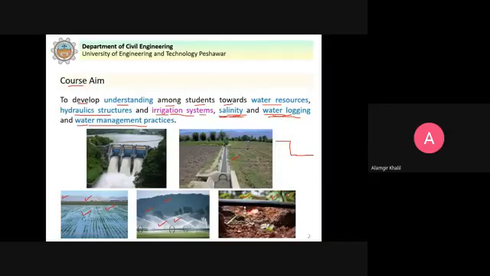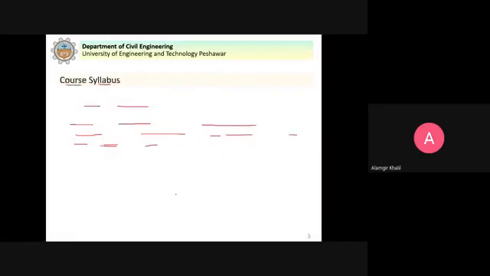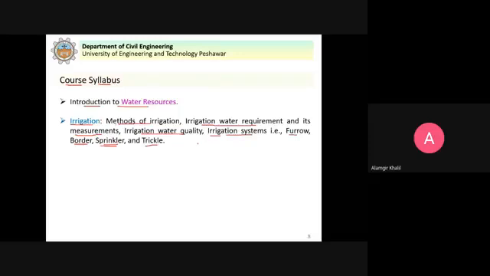But anyhow, because of the water crisis which is looming around the world, we need to adopt more efficient irrigation systems. So this is what we are going to study in detail in this topic.